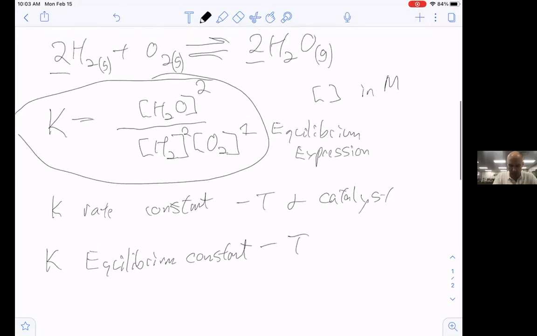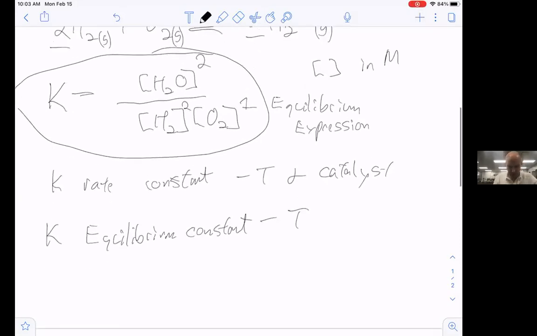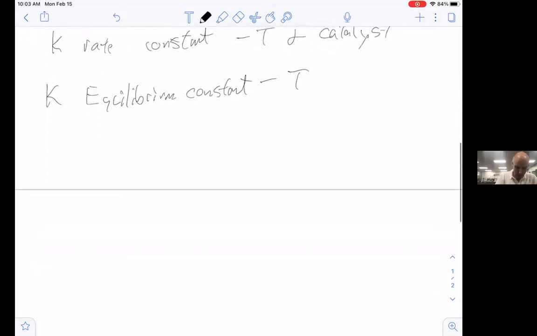But like I said, we would more likely do Kp, which is in pressures.